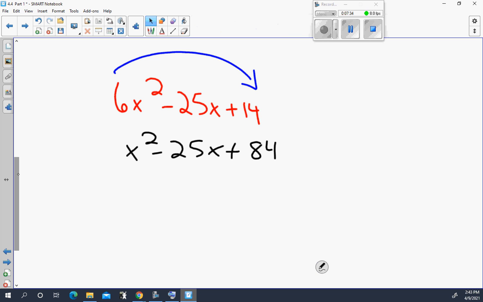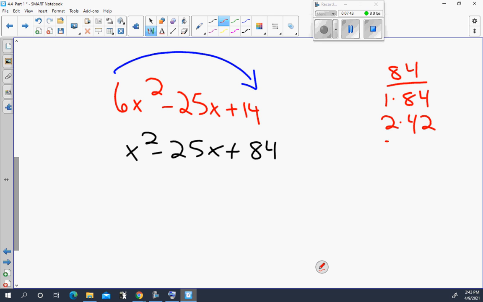We got to find the terms. We got to find the factors of the 84. 1 and 84, 2 and 42, 3 and... is it 21? No. 3 and, I got a calculator here, give me 1 second. 84 divided by 3, 28. 4 times 21.